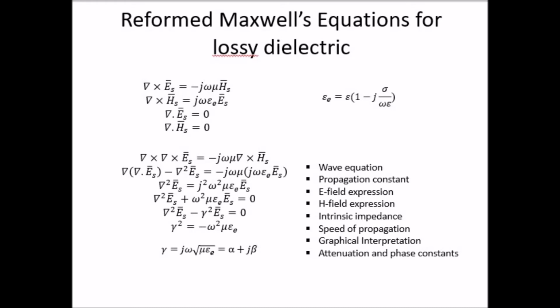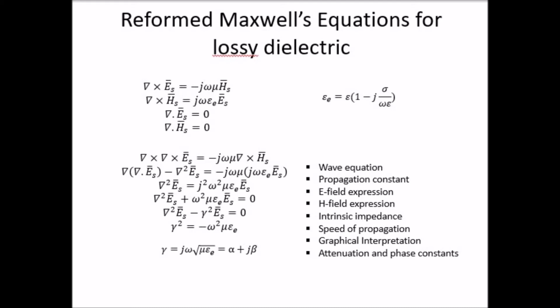Now we use a constant for the omega square mu epsilon E term, and this is called the propagation constant gamma. So we say gamma square is equal to negative omega square mu epsilon E, where gamma is j omega square root of mu times epsilon E. So gamma is the propagation constant, and as you see, gamma is a complex number, so it might have a real part alpha and an imaginary part beta.